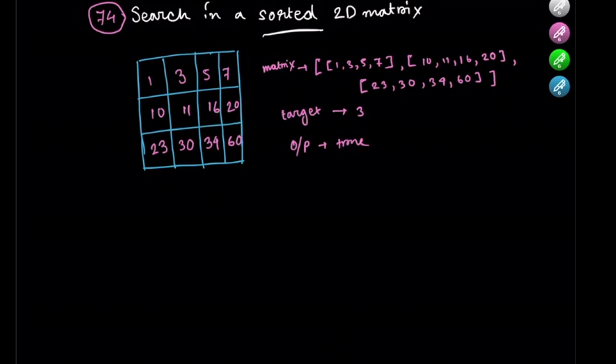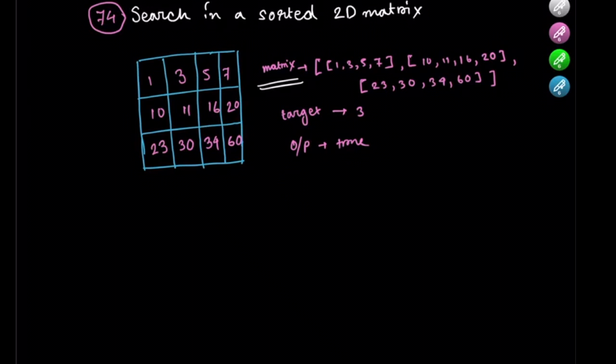Whenever the key hint given is sorted, think binary search. So what we can do, we can treat this matrix as a 1D array. How will we do that?